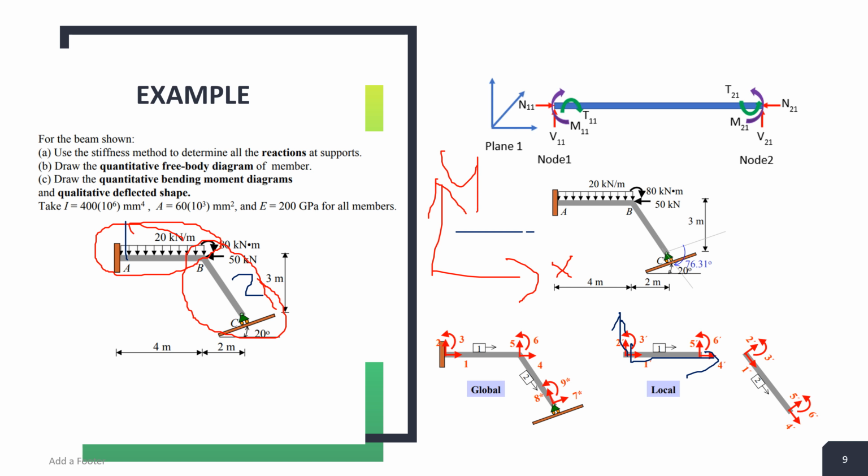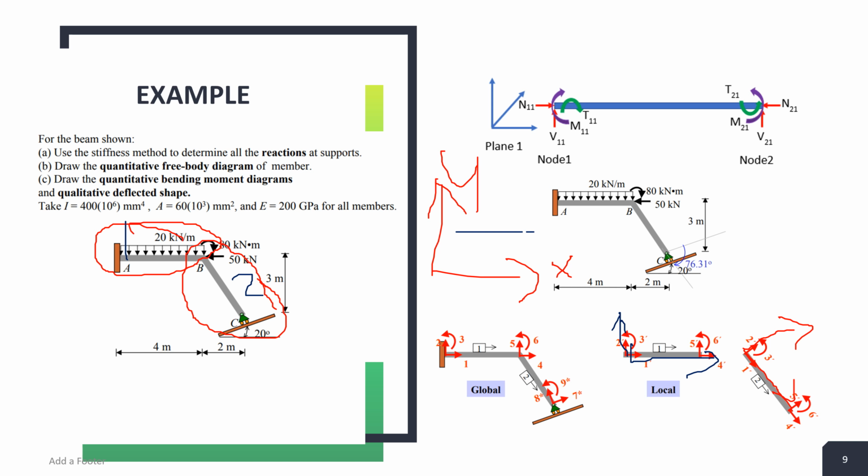And then the local axis for member 2 is just the direction, this and that, independent of member 1. So those are the local axes.